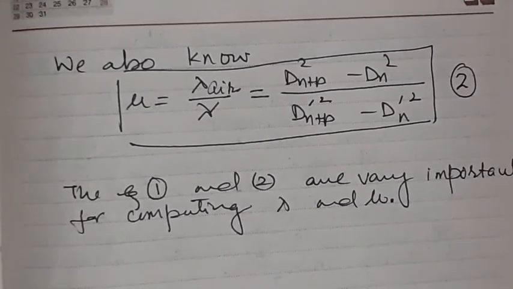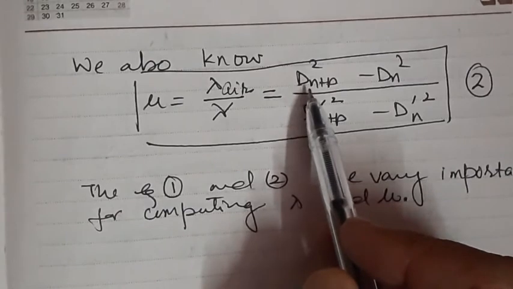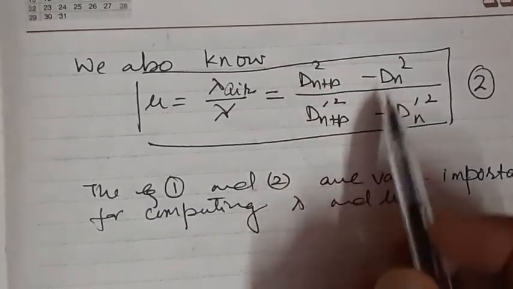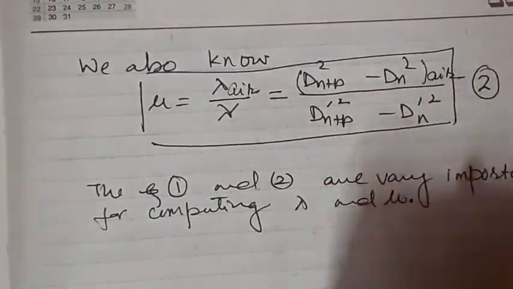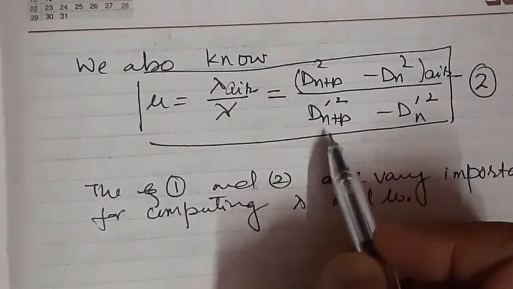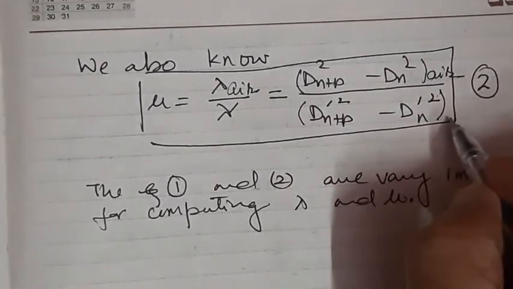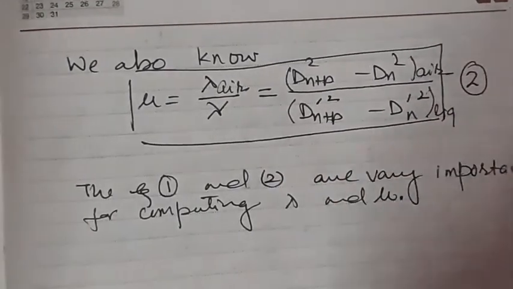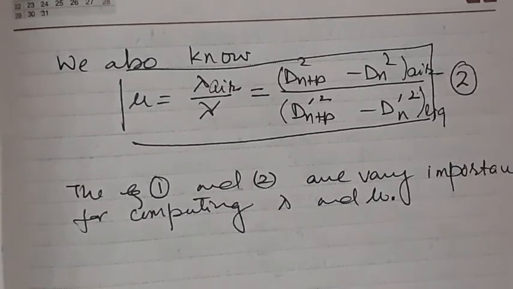By substituting the values of lambda air and lambda dash from equations 2a and 2b, we would have a relation such as D(n+p) whole square minus Dn square, this is measured in the air, divided by the difference between the squares of the same n plus pth rings with the liquid. So we have a relation for the refractive index.